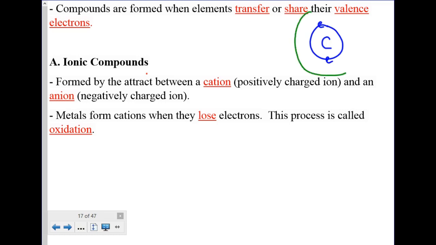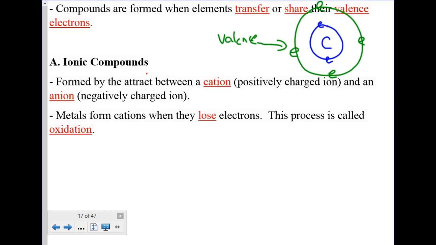We have 4 electrons in the second energy level. The second energy level is the valence level for carbon, and it's those 4 electrons that are going to be involved with creating compounds. The inner 2 electrons are too close, and the attraction between the protons and the electrons is very, very hard to disrupt.